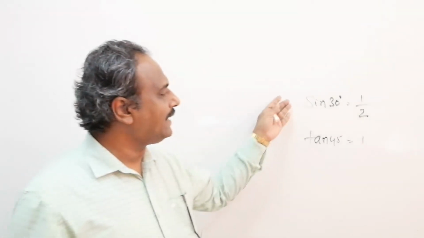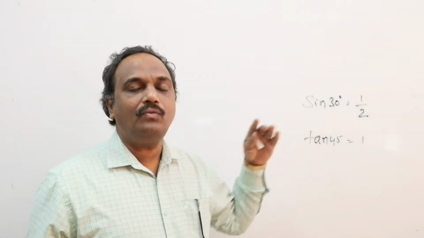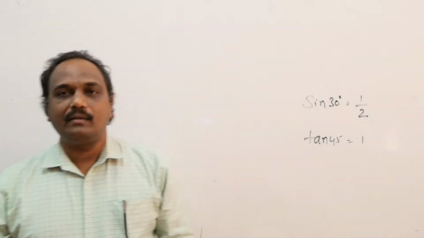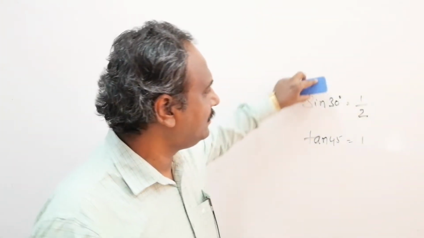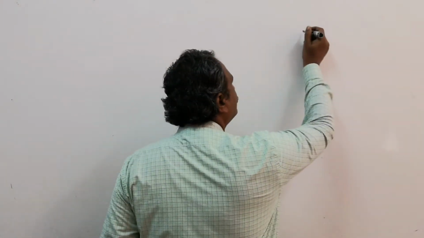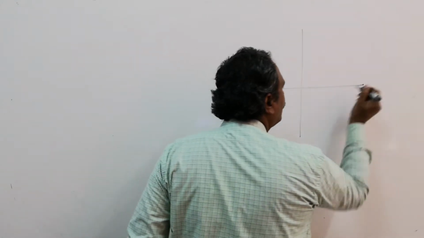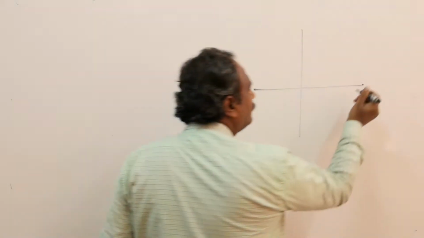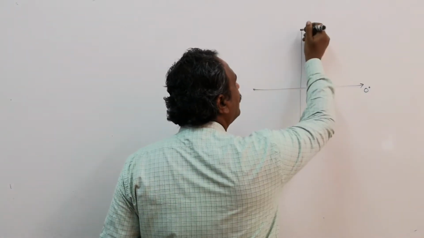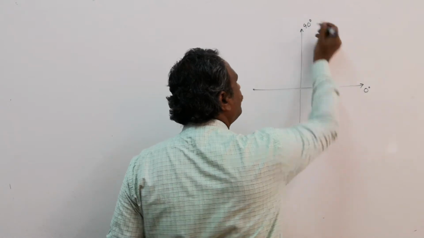Now using the standard angle values, how are we going to find the value of other trigonometric angles? For example, we are having four quadrants. We said this is 0 degree, this is 90 degree.